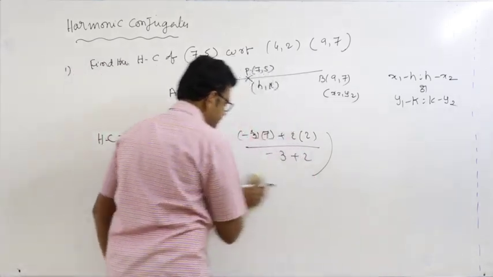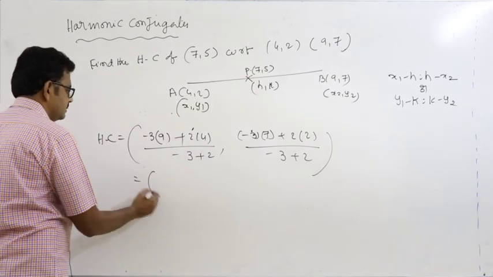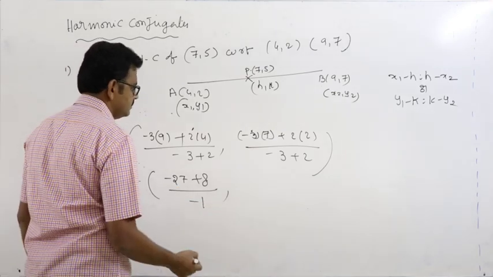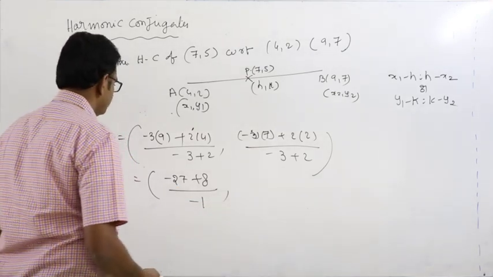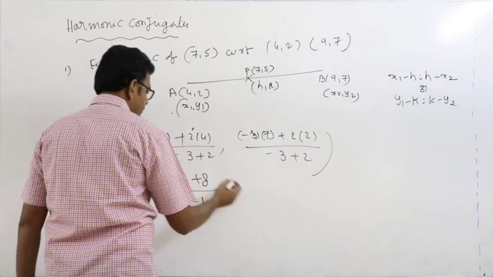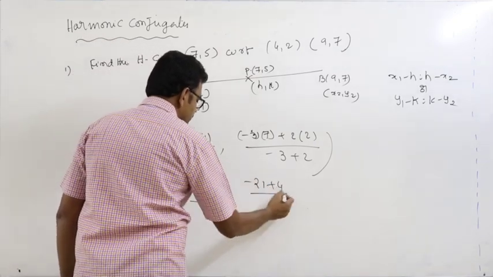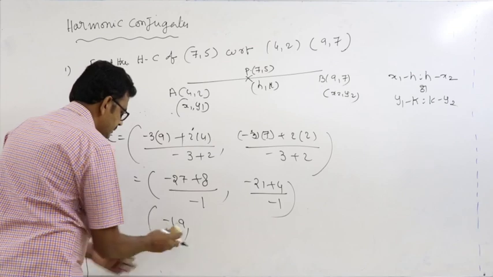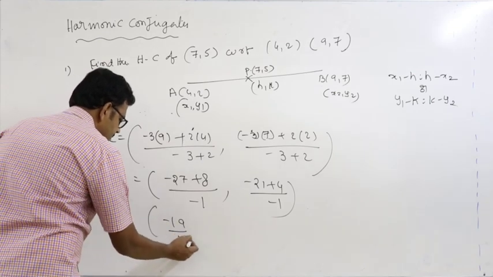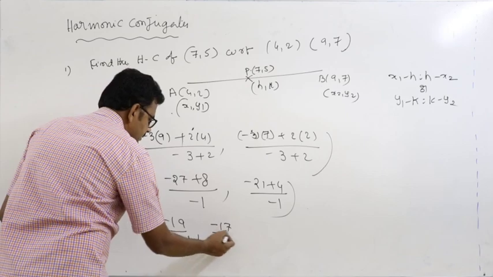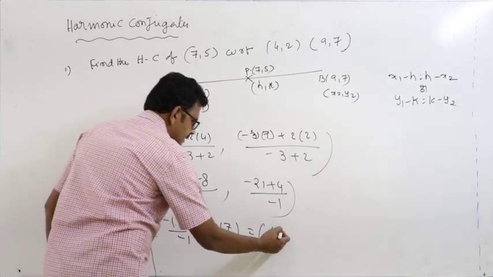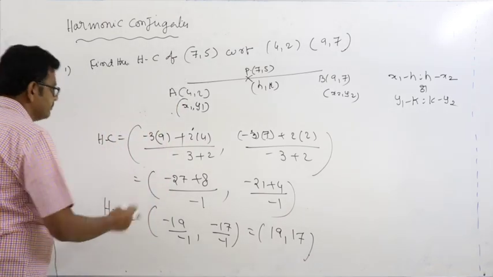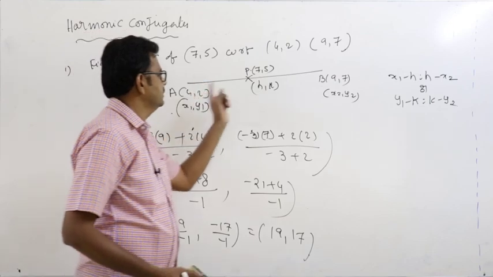So this is minus 27 plus 8 by minus 1, and the next term is minus 21 plus 4 by minus 1. So this is equal to minus 19 by minus 1 comma minus 17 by minus 1, that is (19, 17). So this is the harmonic conjugate of the point P with respect to A and B.